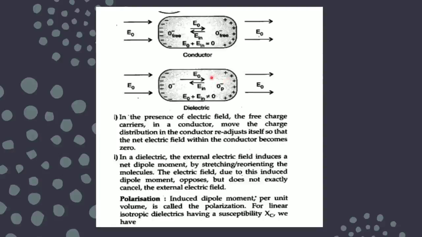So all the small dipoles will be there, but this is just a general way to show it; in the inner view you have already seen that we have small molecules with negative and positive charges separated by a small distance. So the induced dipole moment per unit volume is termed as polarization. You can take the definition of polarization from here, that is the induced dipole moment per unit volume, and we will keep studying related topics like susceptibility in the coming lectures. Let us keep things up to this.